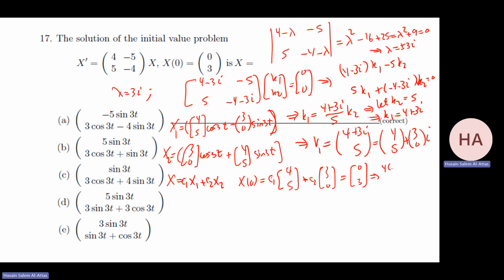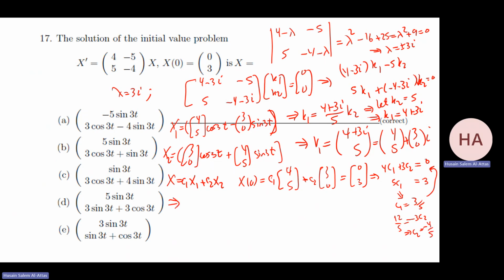So I have 4c1 plus 3c2 equals 0, and 5c1 equals 3. So from here, c1 equals 3 over 5. Plug it here. That means 12 over 5 equals minus 3c2. So c2 equals minus 4 over 5.